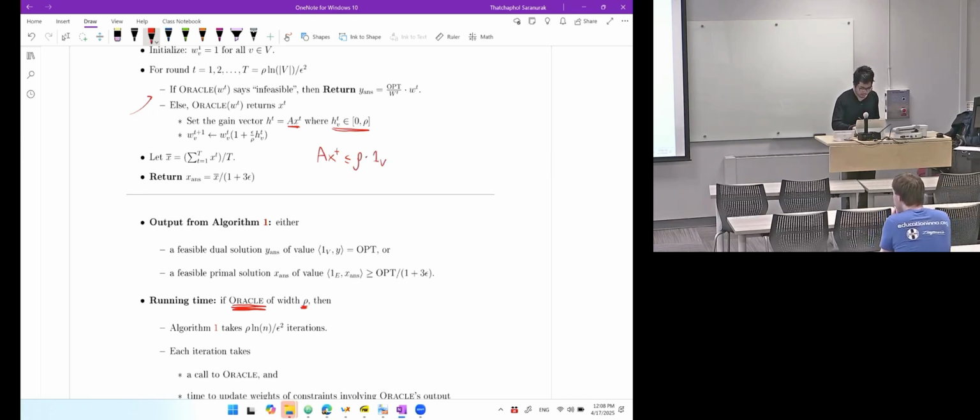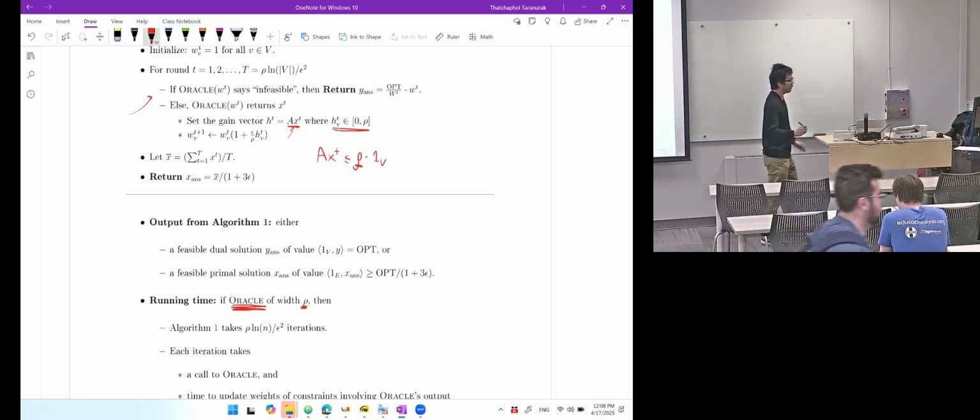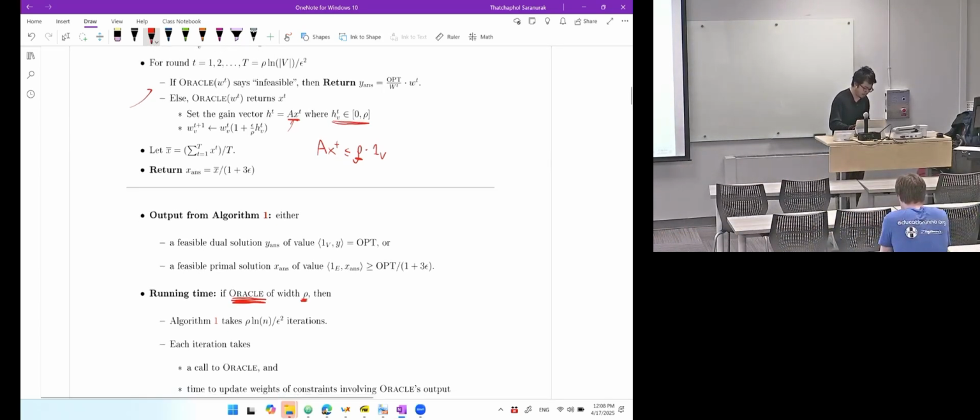So basically each constraint is violated by at most a rho factor. If the oracle has width rho, then the algorithm will just need to repeat about rho many iterations.